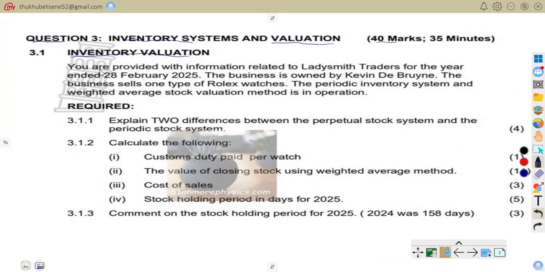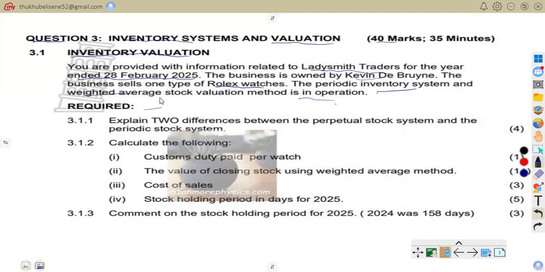It says you are provided with information related to Ladysmith Traders for the year ended 28 February 2025. The business is owned by Kelvin De Bruyne. The business sells one type of Rolex watches, and the periodic inventory system and weighted average stock valuation method is in operation.